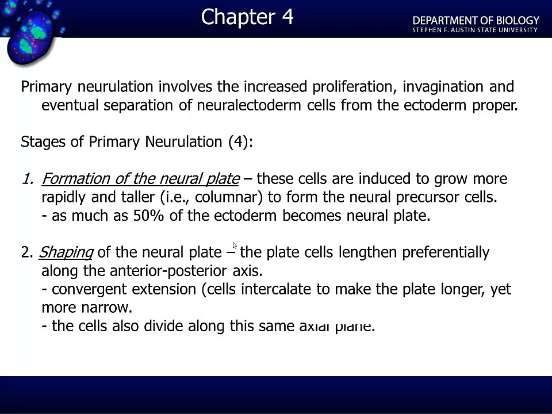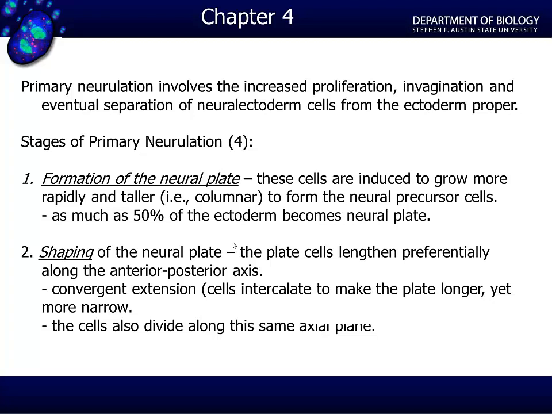The lateral half is going to grow to populate the rest of what we will create with our surface ectodermal structures. Now, the neural plate, we have to form it, then we're going to shape it. And what's going to happen is the plate cells are going to, as they migrate, as they populate, as they undergo mitosis, lengthen. And they're going to lengthen preferentially in an anterior-posterior direction, not laterally.